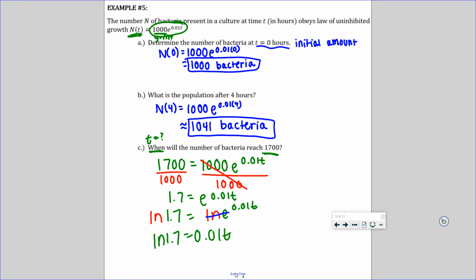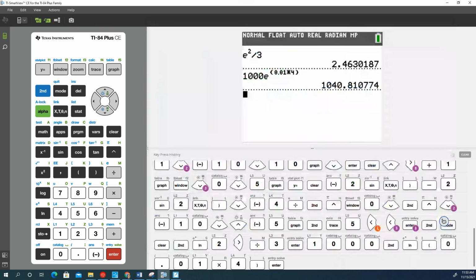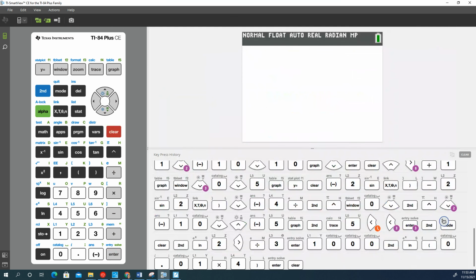Then I would just divide both sides by 0.01. Let's do decimal here, because if you told me it's the natural log of 1.7 over 0.01 years, I'd be like, I don't know what that means. Give it to me as a decimal. Natural log of 1.7, close that, divide that by 0.01.